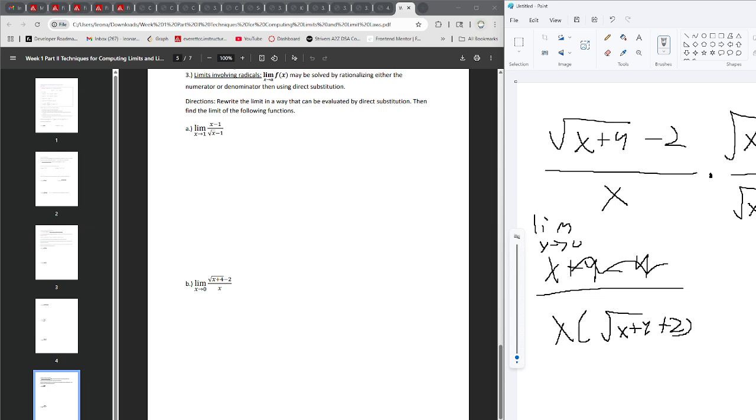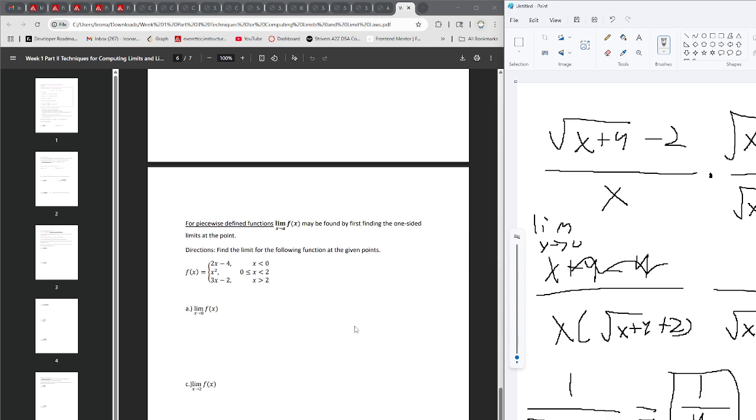These x's cancel out, so it's just 1 over square root x plus 4 plus 2. As x approaches 0, we have square root of 4, so 1 over 2 plus 2, which is 1 over 4. The limit as x approaches 0 of square root x plus 4 minus 2 over x is 1 over 4.